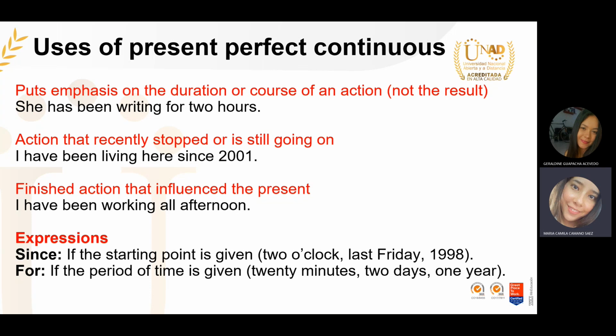For example, 2 o'clock, last Friday, 1998, or in this case, 2001. And we use for if the period of time is given. For example, 20 minutes, 2 days, 1 year.